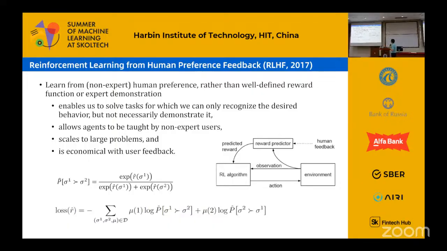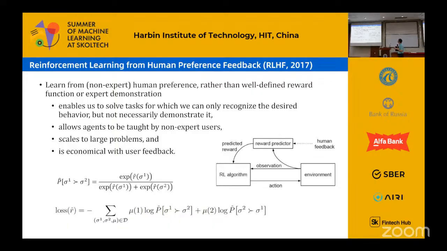Basically, the RL algorithm interacts with the environment and generates multiple trajectories, and the human gives feedback on which trajectory is better. We give some score to the trajectory, and then we train a reward predictor, here called r.